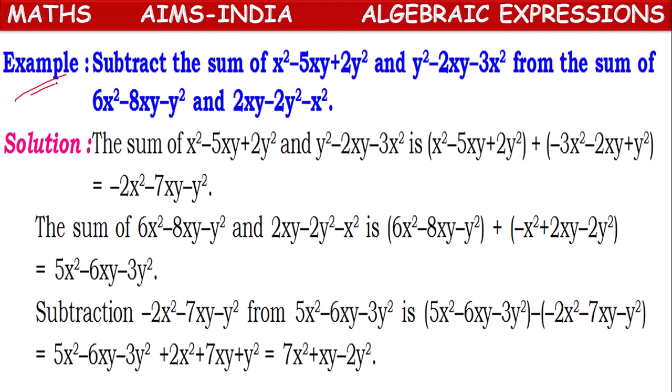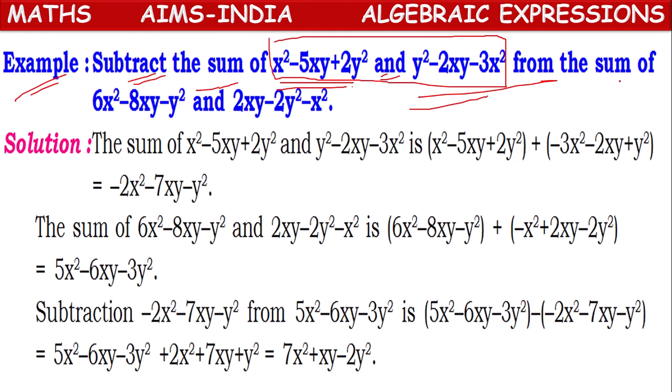Next one, example. Subtract the sum of x square minus 5xy plus 2y square and y square minus 2xy minus 3x square. We have to subtract this sum from the sum of these two.